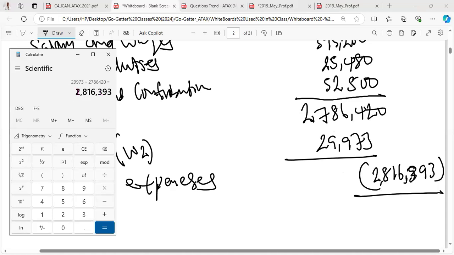Assuming I've copied this, let me go to the other calculator that has my gross profit. My gross profit happens to be this.